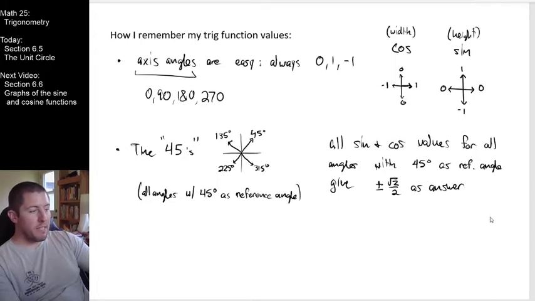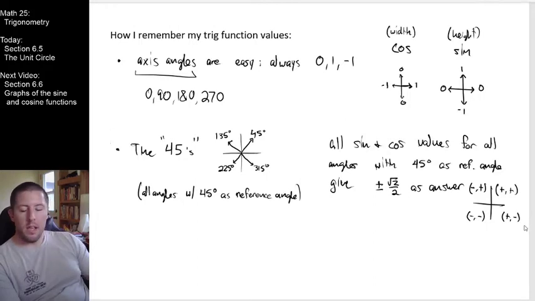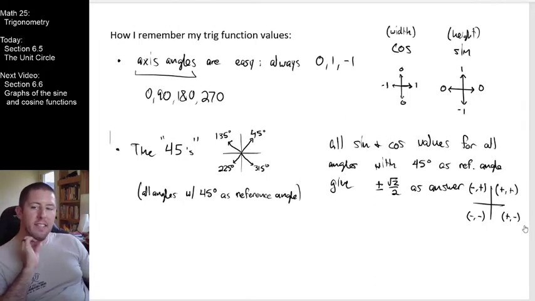How do you know if it's positive or negative? Just remember that we always get positive stuff from the first quadrant. In this quadrant, we went to the left and then up. In this quadrant, we went left and then down. And in this quadrant, we went right and then down, right? So that's all you need to know to get the sign that's going to be attached to that.